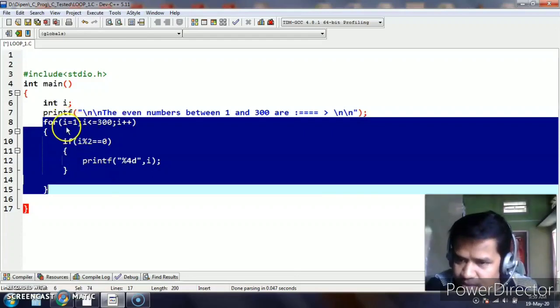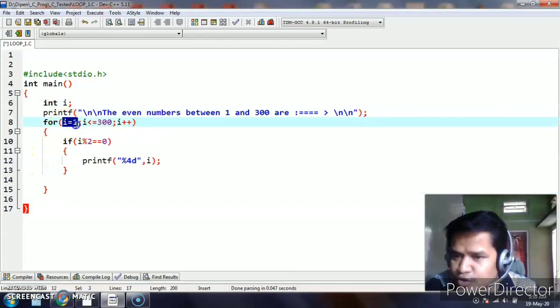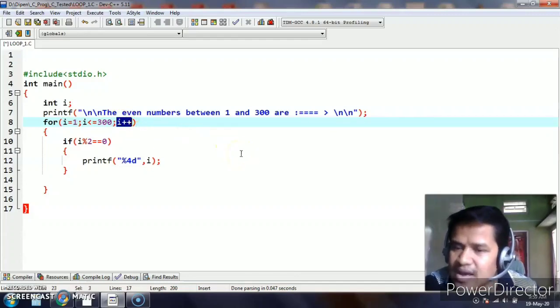Then when i equal to 1, the body part is executed. From this point, the movement goes up, and again i becomes 2. Why 2? Because the modifier instruction tells the compiler that i equals i plus 1.